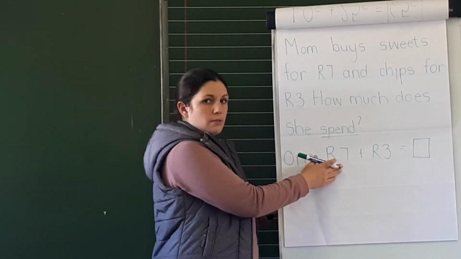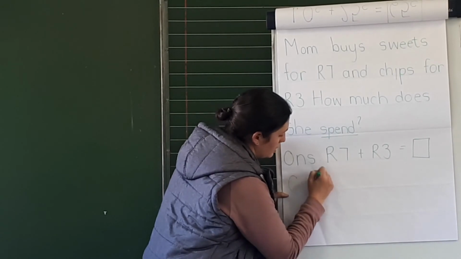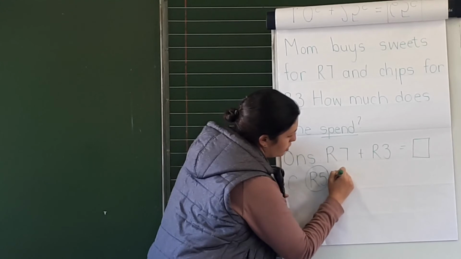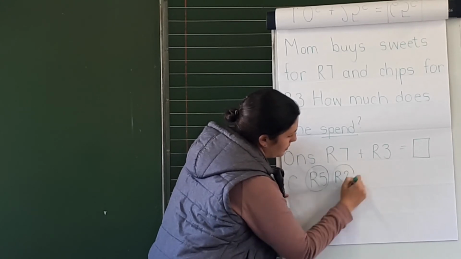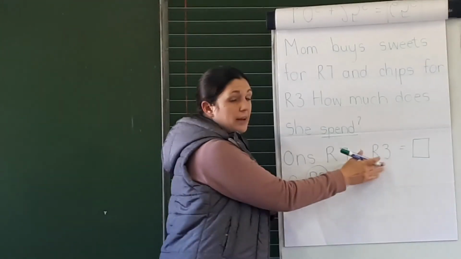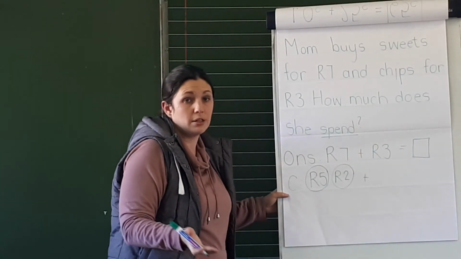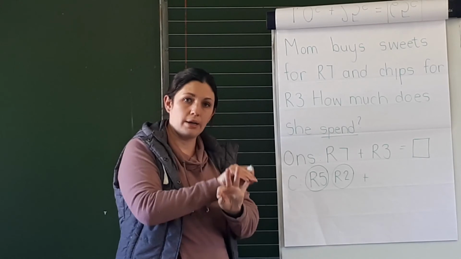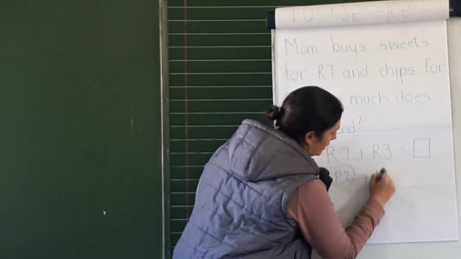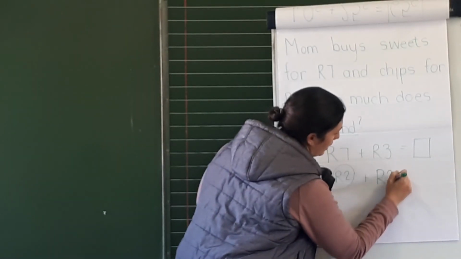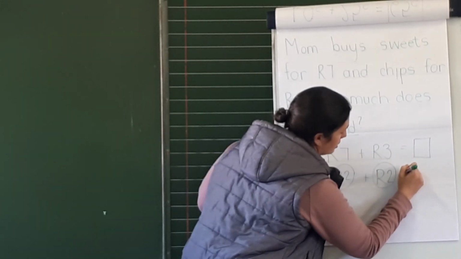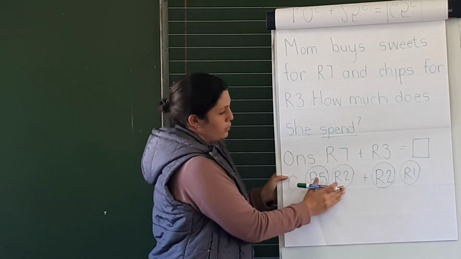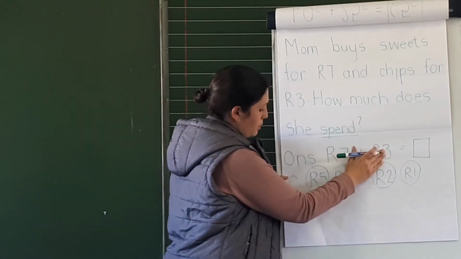I don't have a R7 coin, I need to make it. R5 coin and R2 coin, plus, I don't have a R3 coin. Look in your pack of money, you'll see there's no R3 there. I can go R1, R1, but I'm going to choose to do it more quickly, and I'm going to say R2 plus R1. So to double check, 5 and 2 is 7, 2 and 1 is 3.